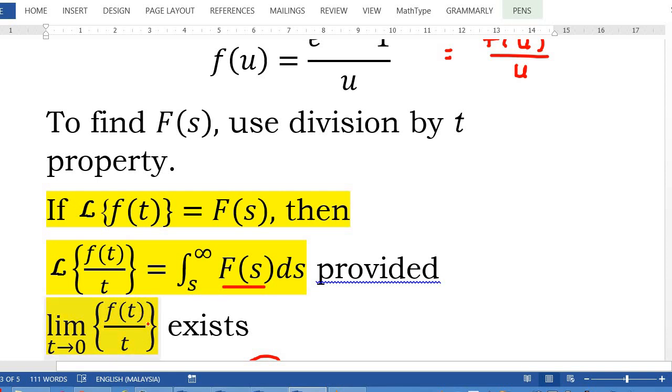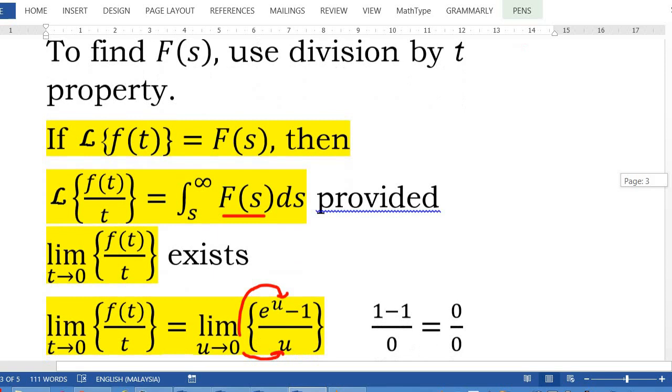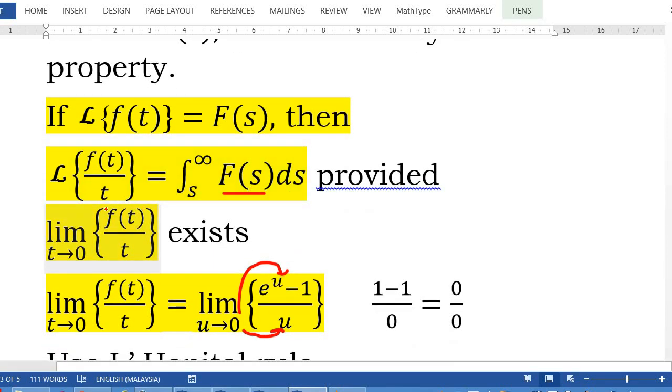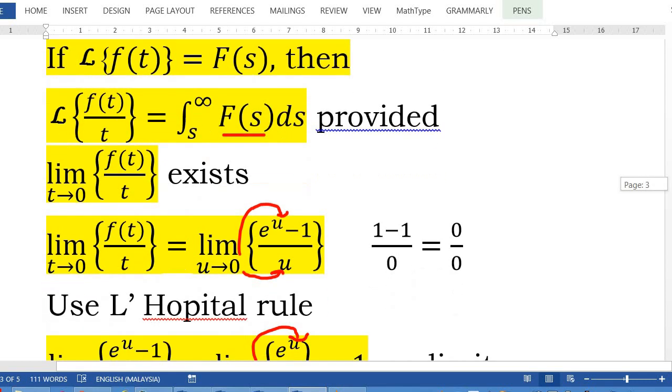Before that, you have to make sure that the limit of f(u) over u exists. After it exists, the f(t) is actually from the numerator, and then you take the Laplace transform of your numerator, you get F(s), and then integrate from s to infinity.